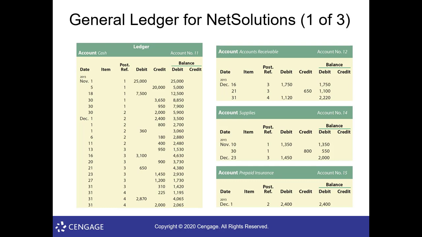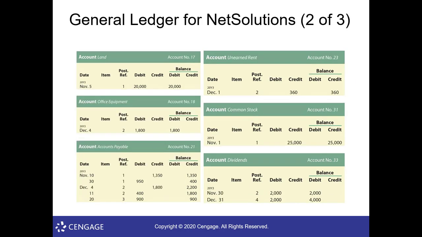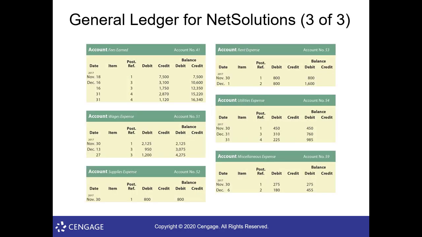There's our prepaid insurance, our land, office equipment, the 2 liability accounts now, accounts payable and unearned rent, the 2 stockholders' equity accounts, common stock and dividends, the fees earned, and then the 5 expenses.